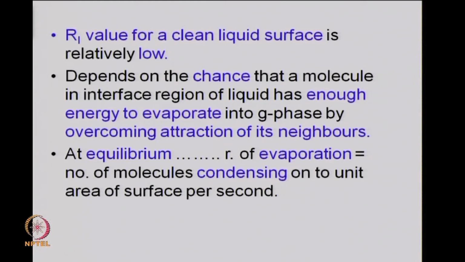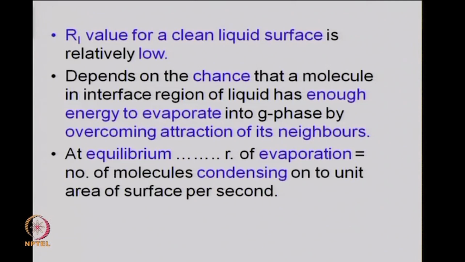That is a probability, the chance. In general, if we consider a two-way system at equilibrium, the rate of evaporation should be equal to the rate of condensation that we had seen in detail in kinetics of evaporation that we discussed in one of the early lectures.